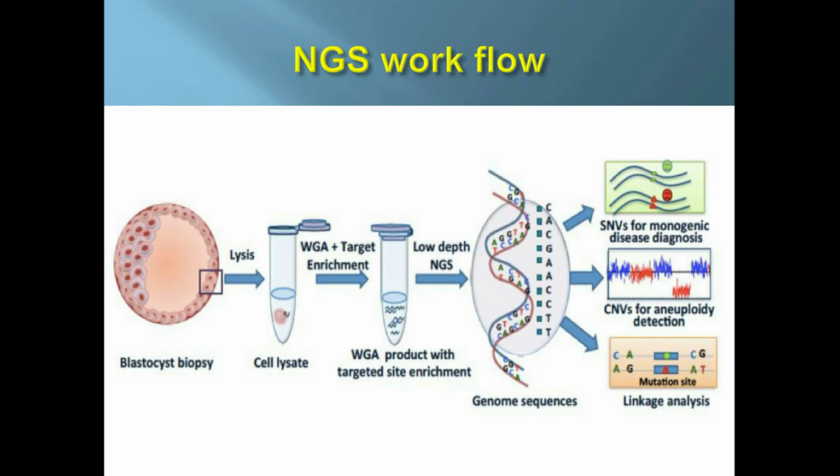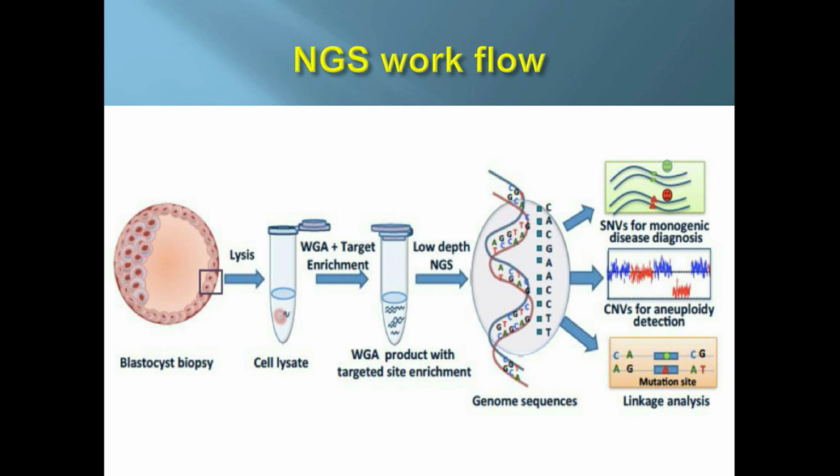The workflow of NGS involves the biopsy of a blastocyst. Then it is put in a test tube to undergo lysing, and then the product is targeted by what we call site enrichment, which is enhancement or enrichment of the chromosome we are going to detect.